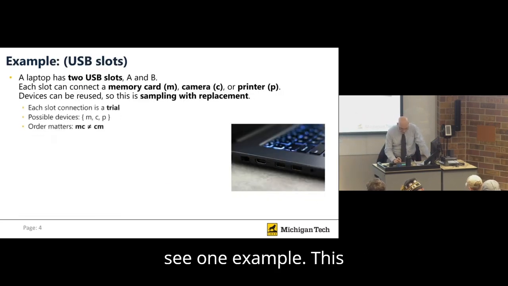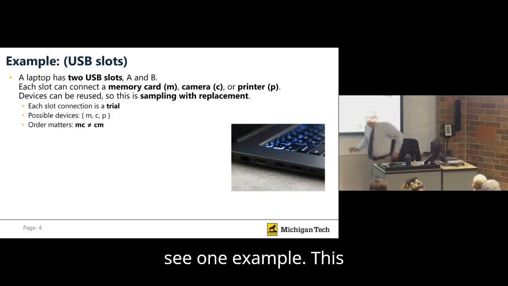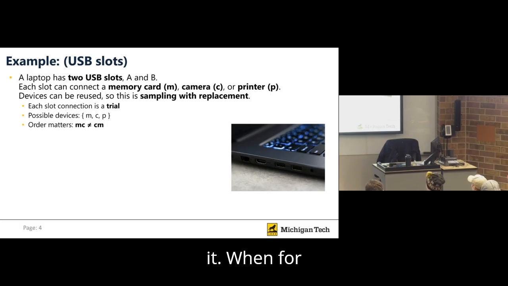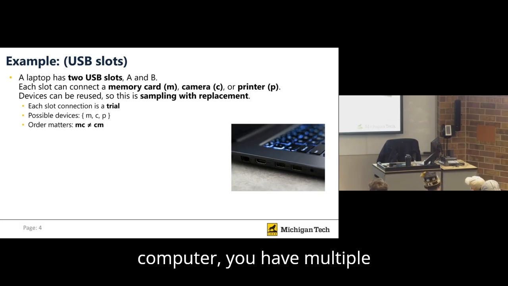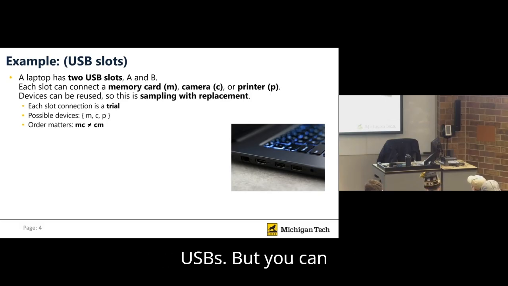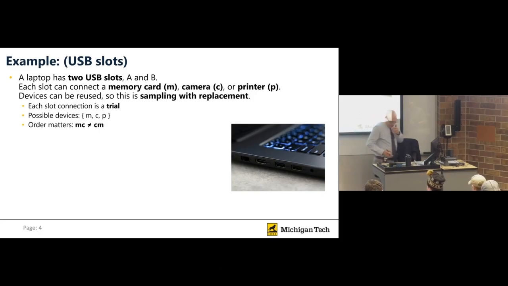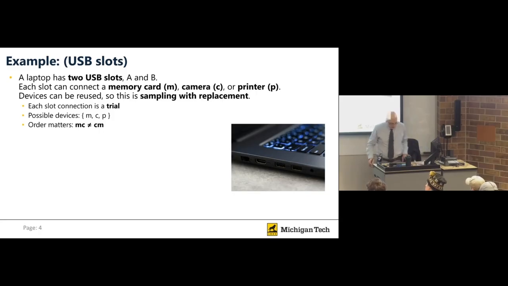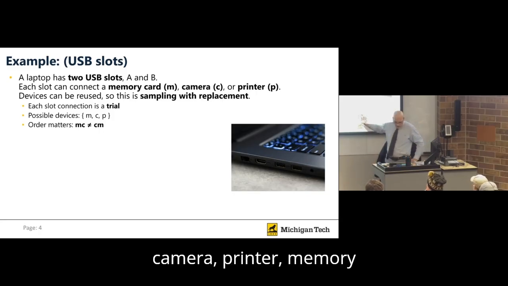Let's see one example. This is a very famous example, we always use it. For a computer, you have multiple USB ports, and you can connect different things, like a camera, printer, memory card, whatever.